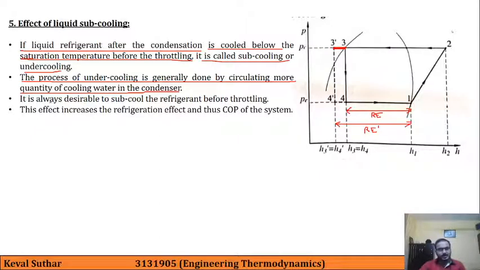So it is clearly seen here that this increase is the refrigeration effect, and thus COP of the system also increases. So subcooling is always desirable, which will increase the performance of our refrigeration cycle.